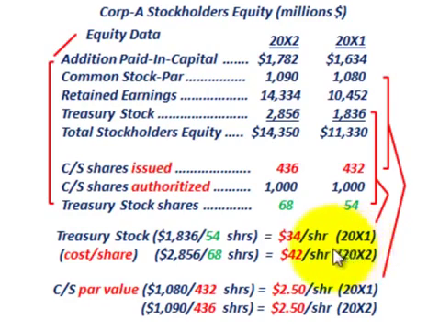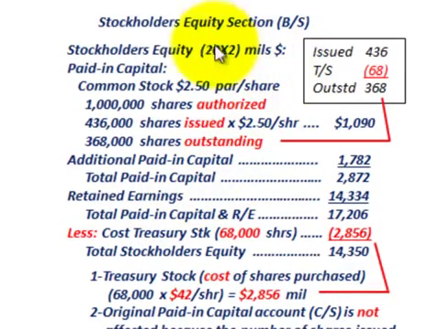Okay, so now we're going to use this data and develop our stockholders equity section on our balance sheet. So here's our stockholders equity section and how we would state it and list it, developed off that data. We'll list the date at 20x2, that second year, in terms of millions of dollars or hundreds of thousands of shares.